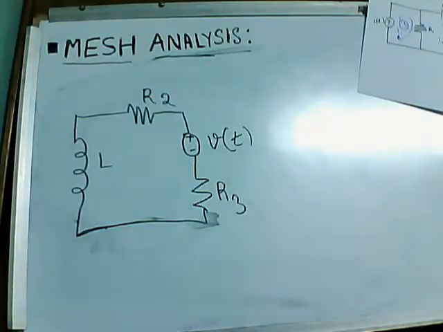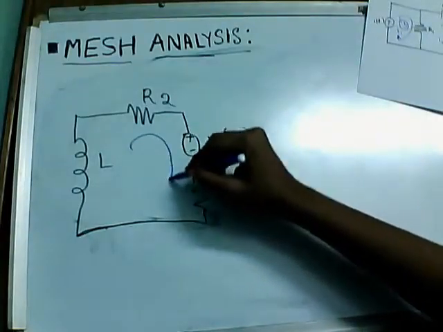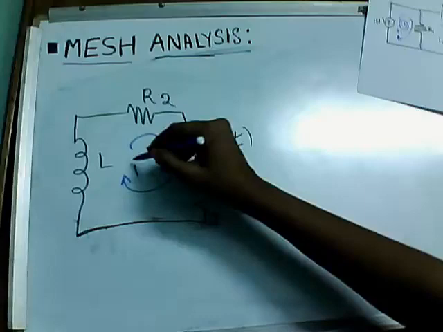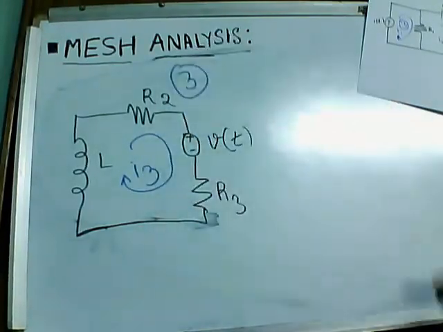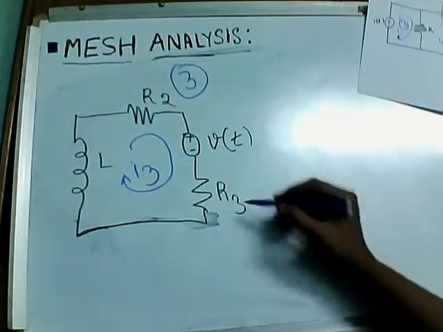So we are considering the flow of current in this direction. This is mesh 3.